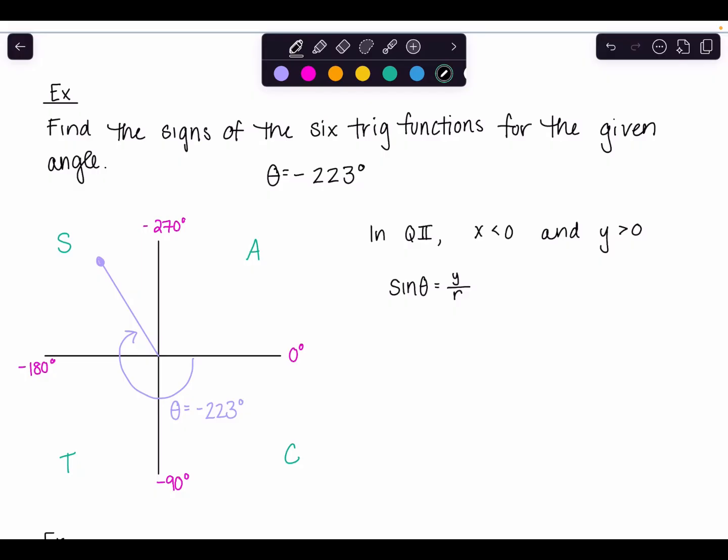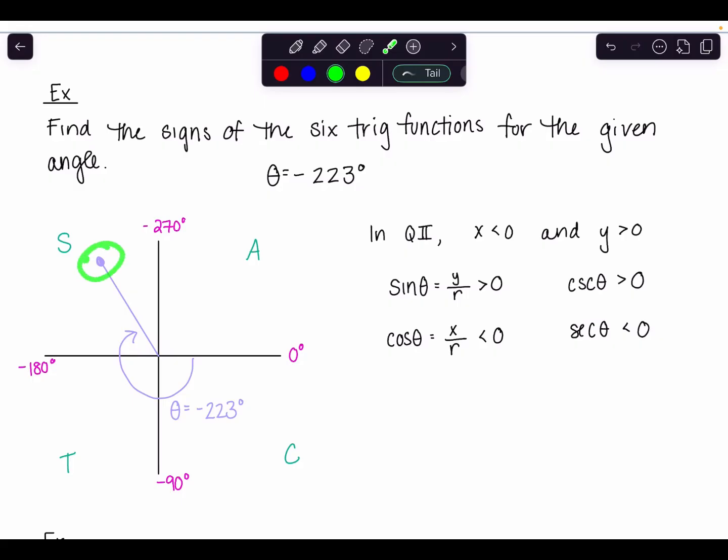So if I'm in quadrant 2, it is positive, which immediately tells me that cosecant of this angle is also positive because I just flip it. Cosine of theta is x over r. In quadrant 2, x is negative. So this tells us cosine is negative, which in turn means secant is negative.